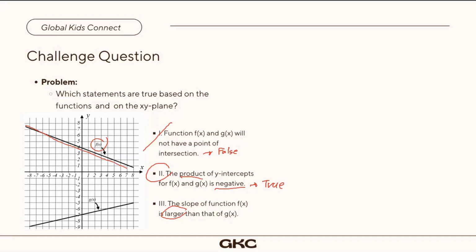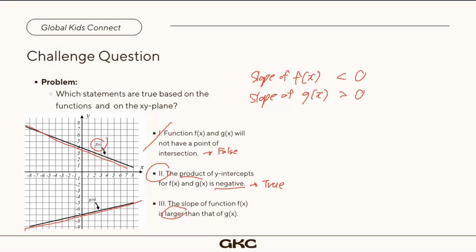The y value is decreasing as x increases, which means that the slope of f of x is negative, while the slope of the graph g of x, you can see, is sloping upwards or increasing, which means that the slope is greater than 0.